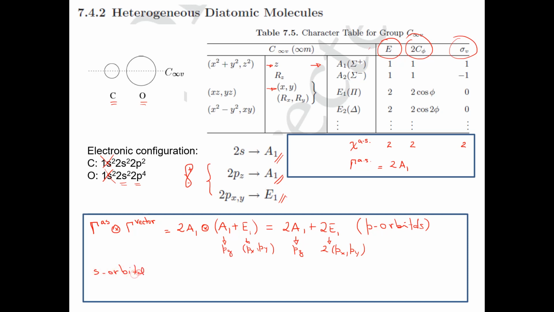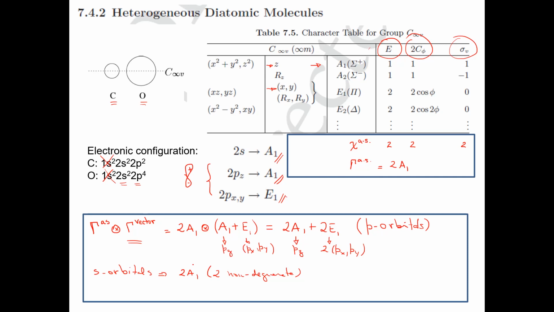For s orbitals, I can ignore the vector thing. So for s orbitals it is simply 2a1. So I have 2 non-degenerate states, and of course you can see that one comes from carbon and the other comes from oxygen.